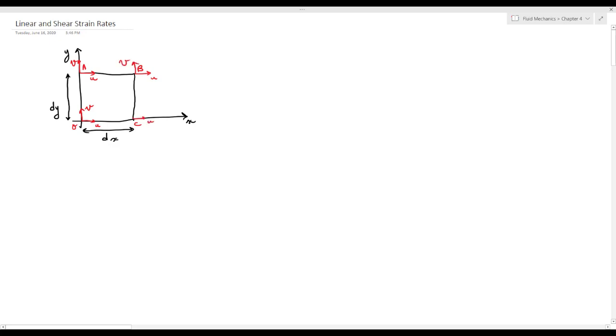So if all the points have the same velocity u and v, then after a given time dt, the fluid element will be translated to another location. So if all points in the fluid element have the same velocity, then we will obtain a translational motion.